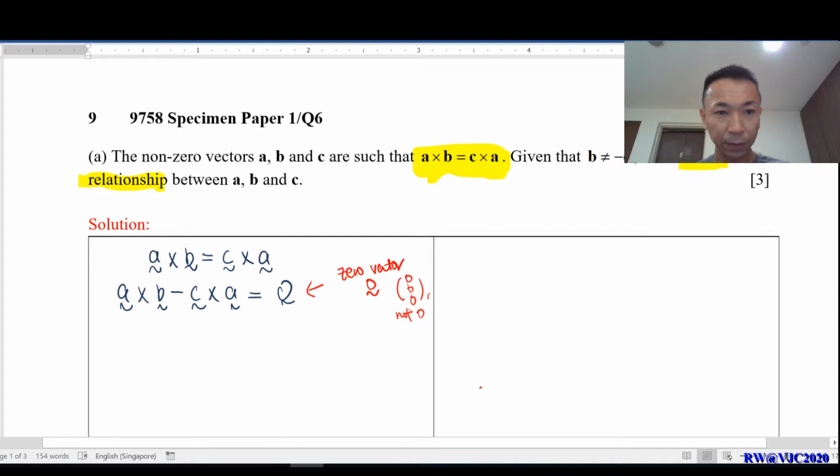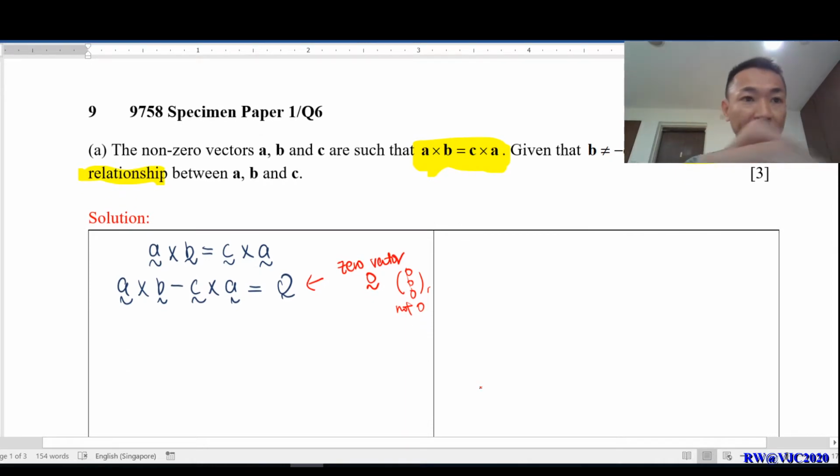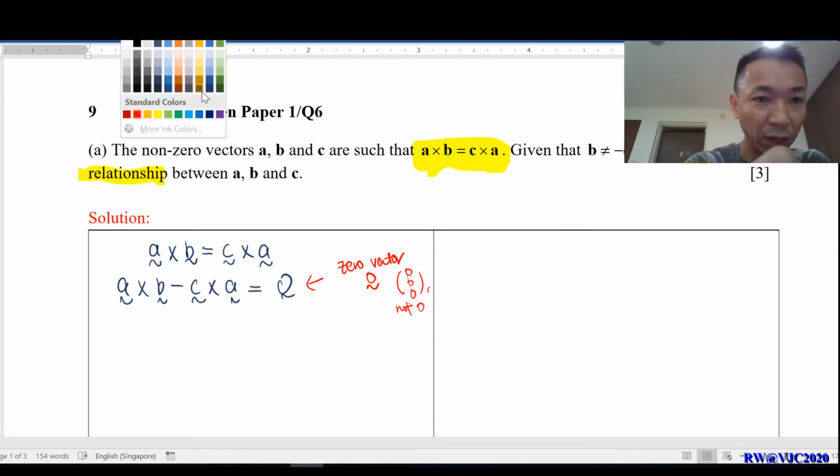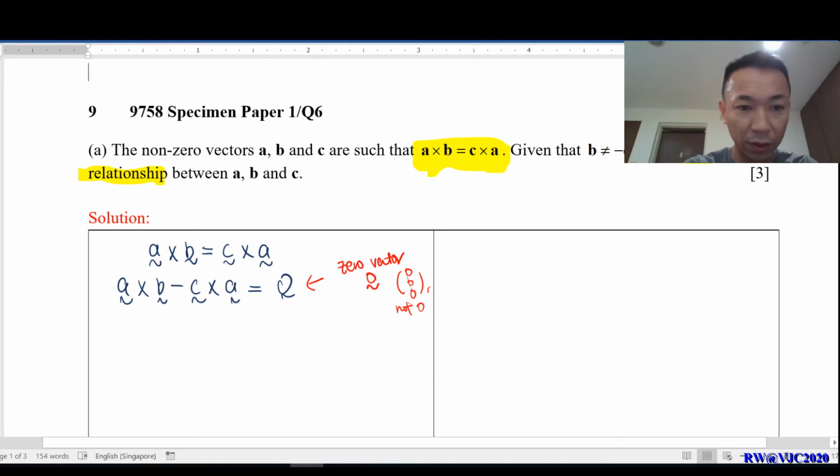So, we get that. Then what do we usually do? We will try to factorize. But before we try to do that, we must observe that this is C cross A, and C cross A and A cross C are different. So I would not do this first.